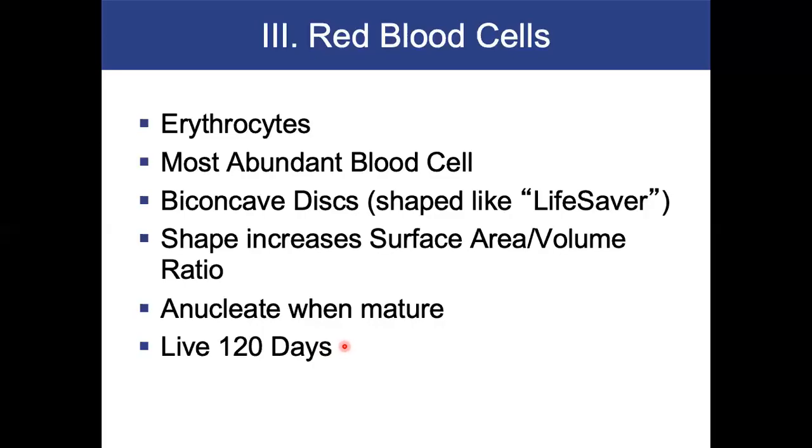Okay, this is another place where this is important: sickle cell anemia. So somebody who has a mutated red blood cell because of a genetic defect, and we'll talk about that in a second.